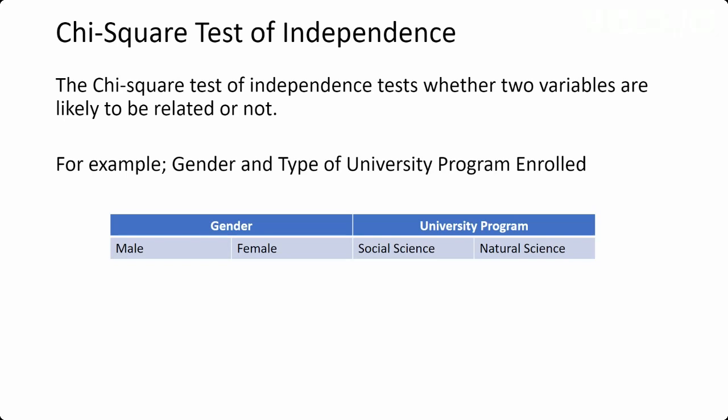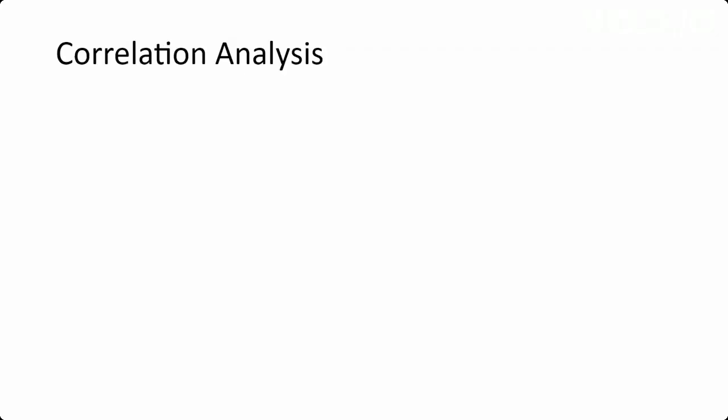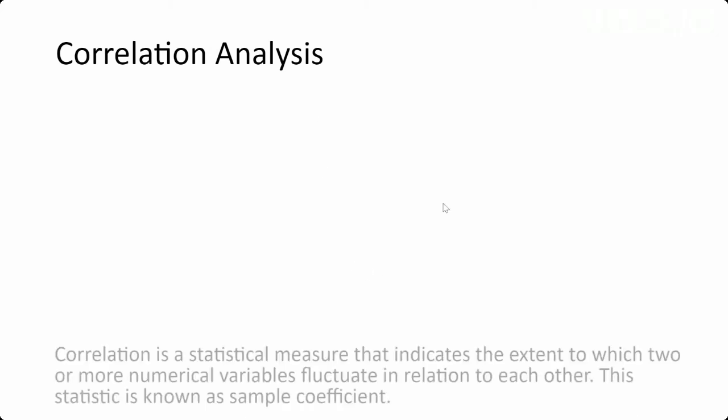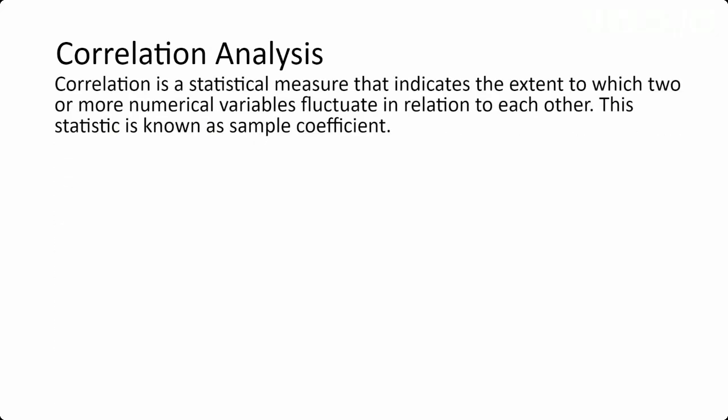So we move on. Last but not the least, in these inferential statistics tests, we are looking at correlation. Correlation is a statistical measure that indicates the extent to which two or more variables fluctuate in relation to each other.